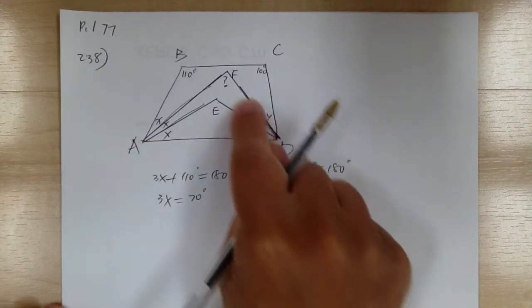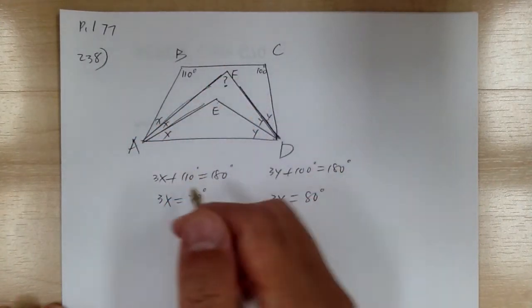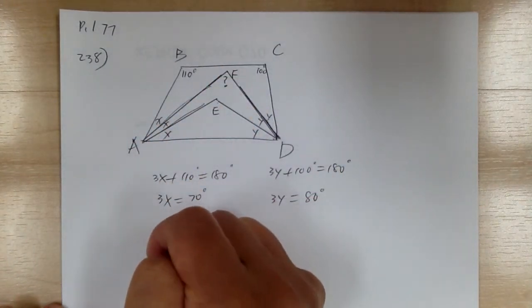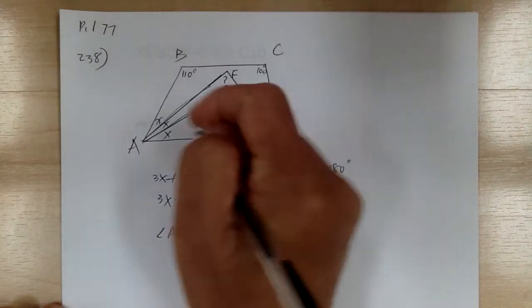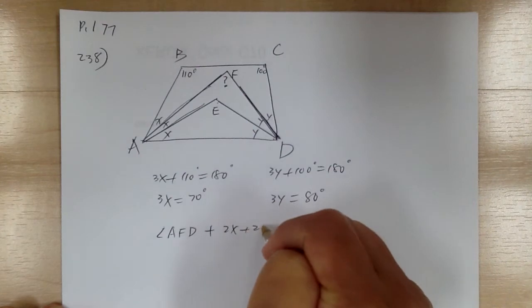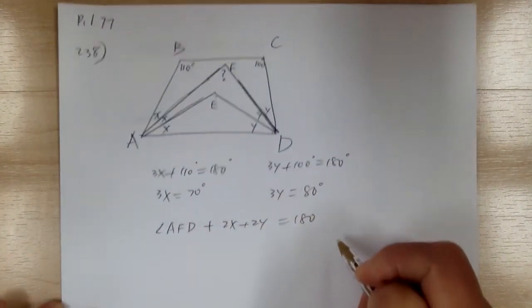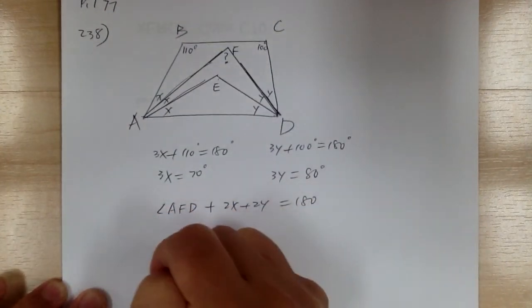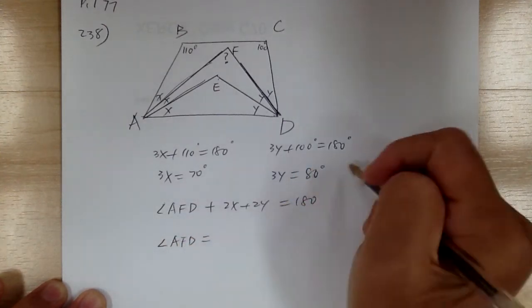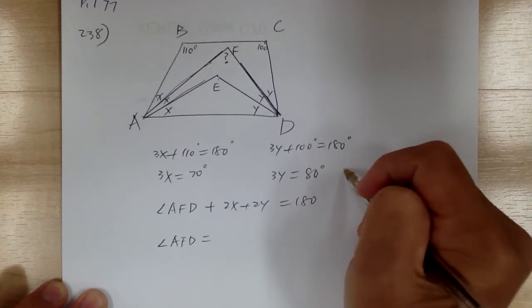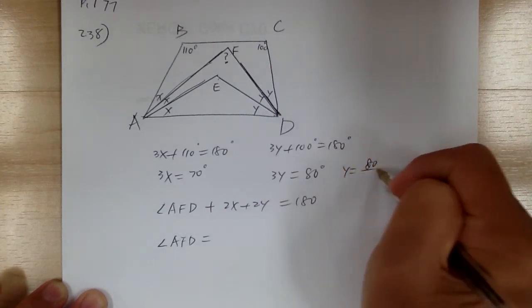Now if you look at this triangle over here, okay, you have the angle AFD plus 2x plus 2y will equal to 180. Okay, so angle AFD will equal to, and from here you can solve y equal to 80 over 3.